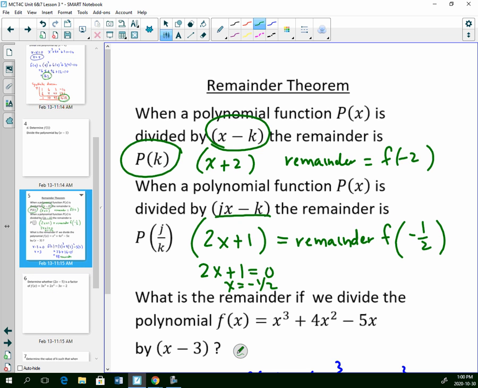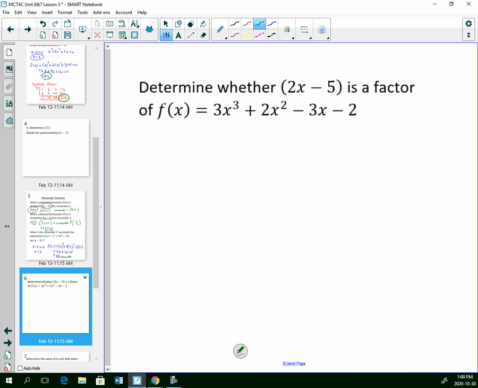Okay. So the remainder theorem says if I sub in the root, I get the remainder. If that remainder is 0, that means that we don't have a remainder, and so that binomial must be a factor. So this is the factor theorem. So the factor theorem is sort of continuation of the remainder theorem.